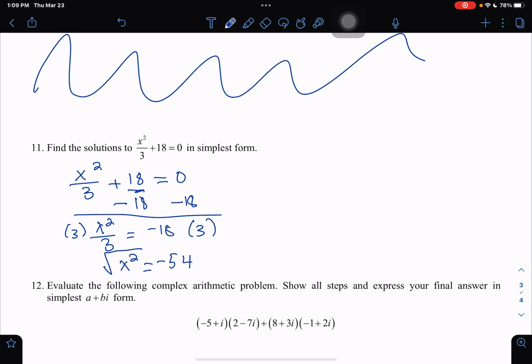So then we're going to take the square root of both sides, and we get x is equal to the square root of negative 54. And this breaks down into 9 times 6 times negative 1. So x is equal to plus or minus 3i square root of 6.